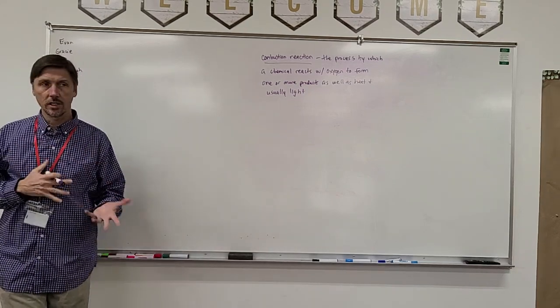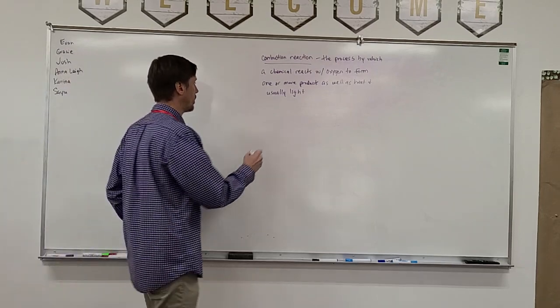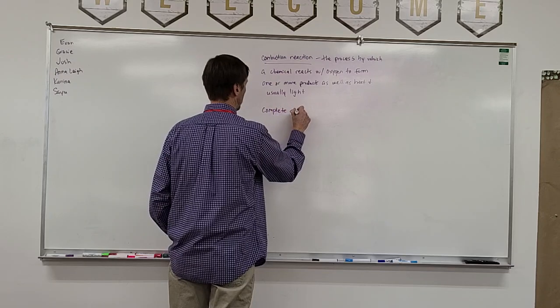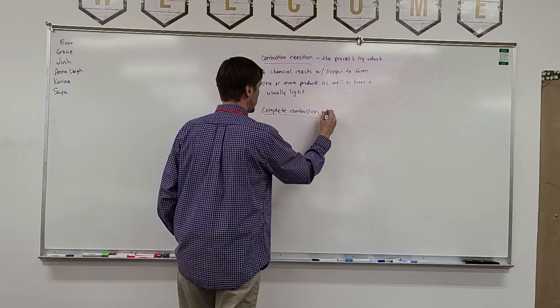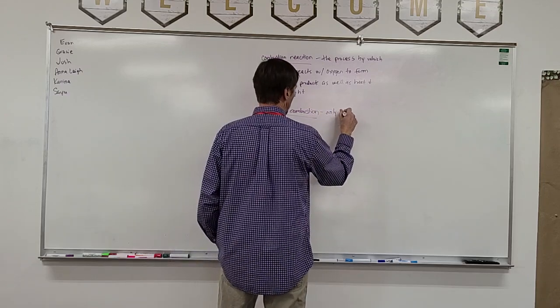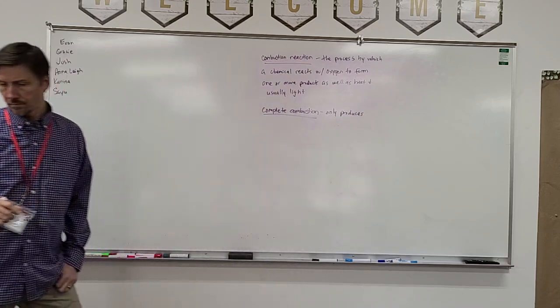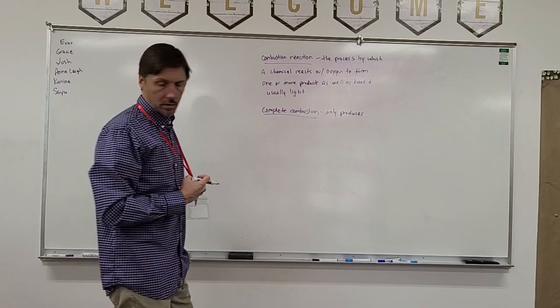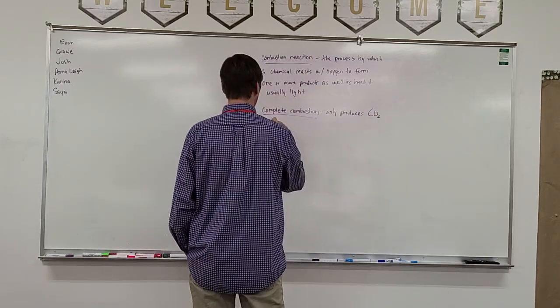Now, within the discussion of combustion reactions, there's two different types that we want to talk about. And the first type is complete combustion. And complete combustion only produces CO2 and H2O.